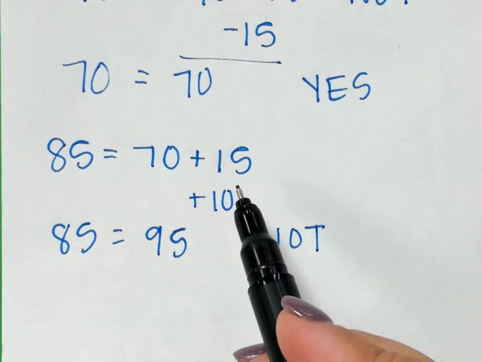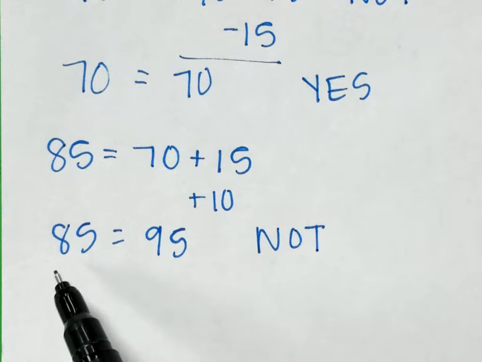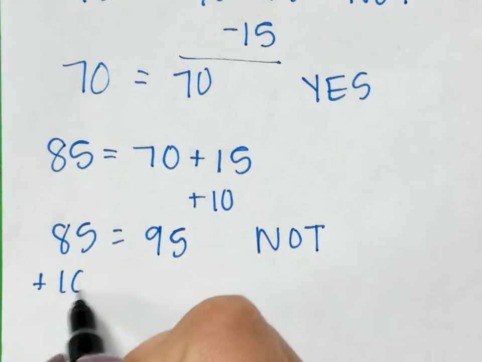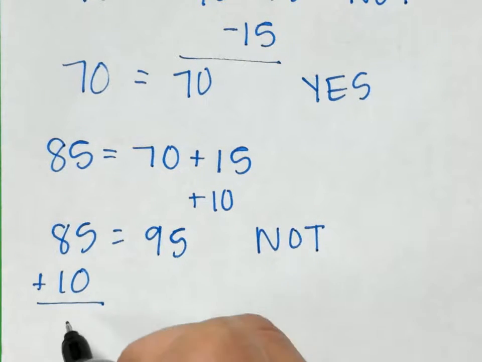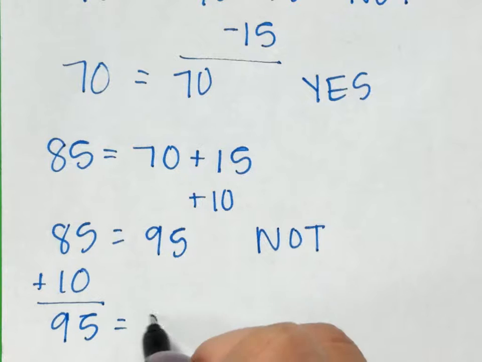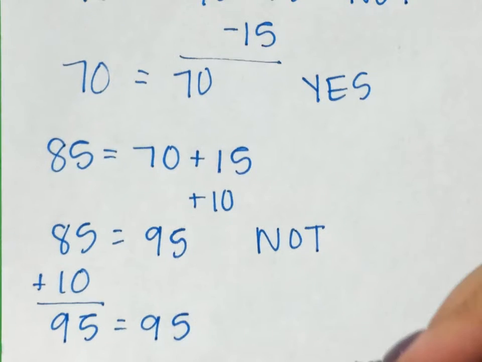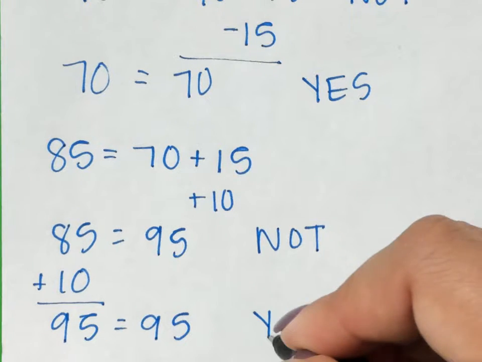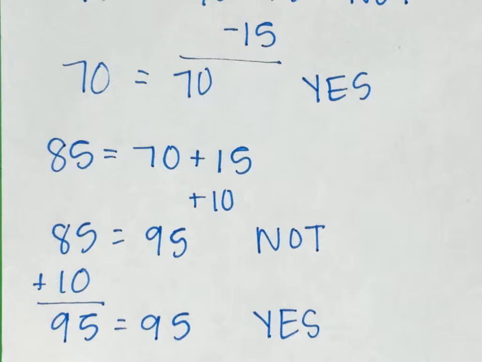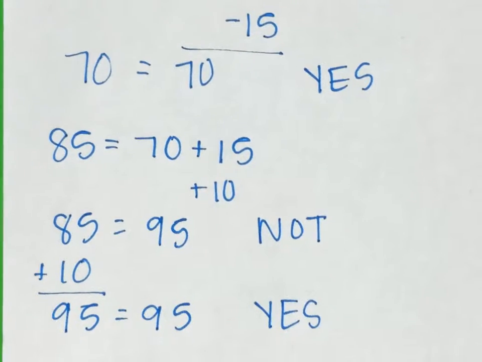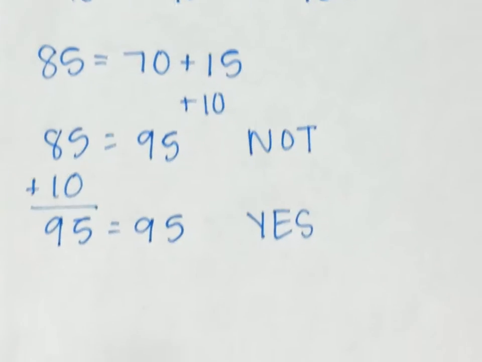But I added 10 to the right-hand side. So what if I add 10 to the left-hand side? Does it make it equal now? It does. 95 is equal to 95. And that is true. So we added and subtracted, and we still got equal equations.